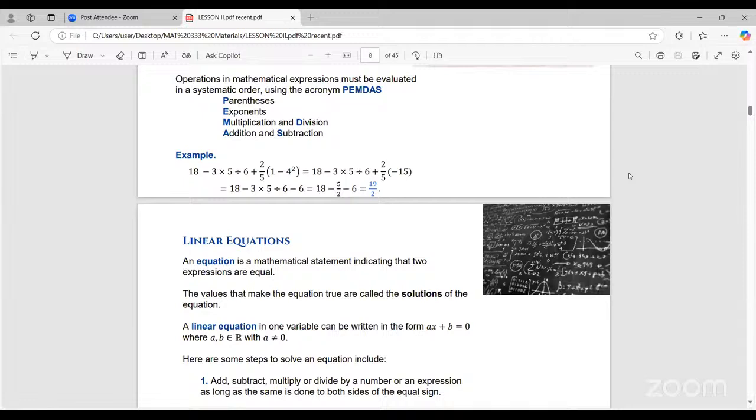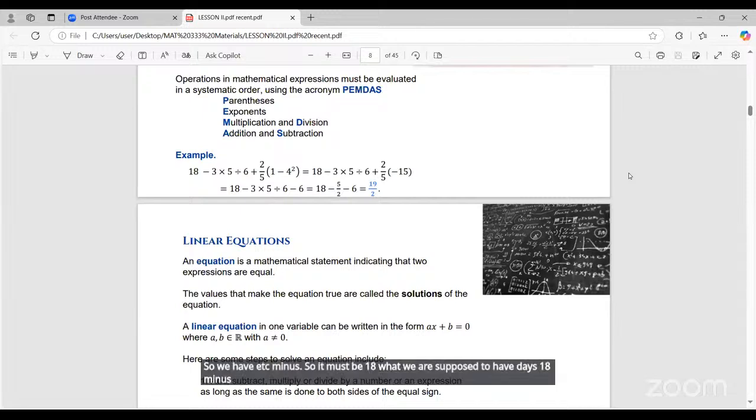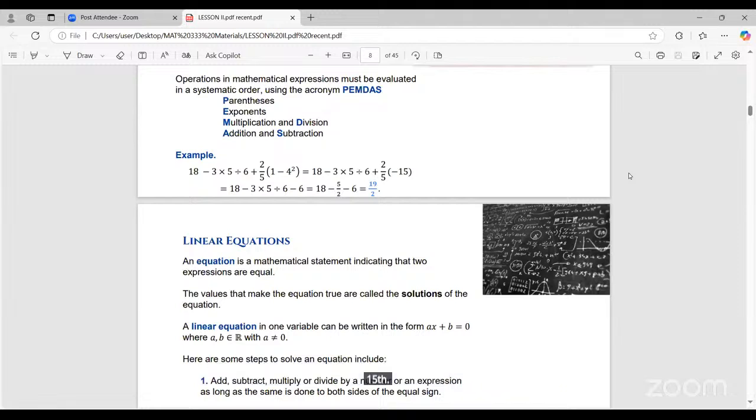What we are supposed to have there is 18 minus 3 times 5, which is 15, divided by 6.